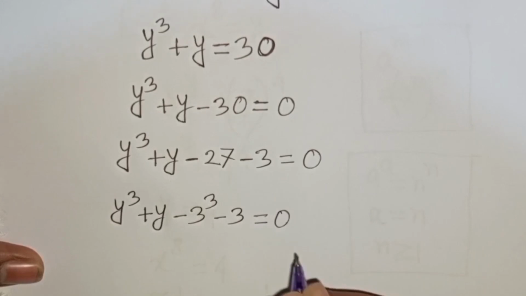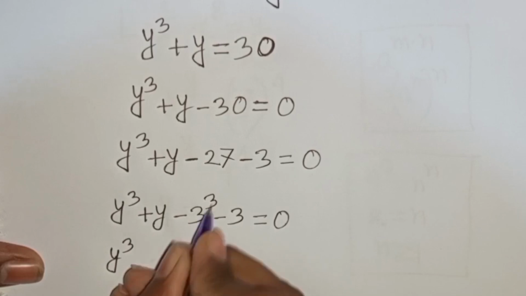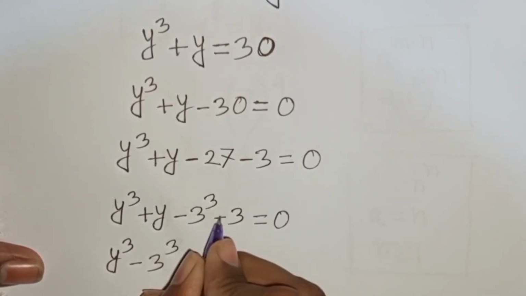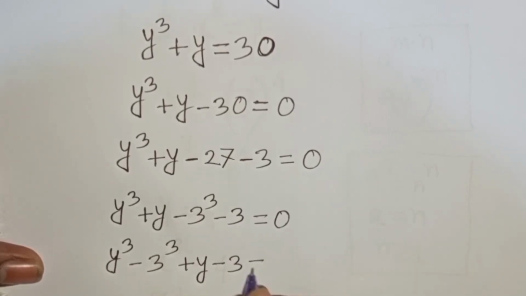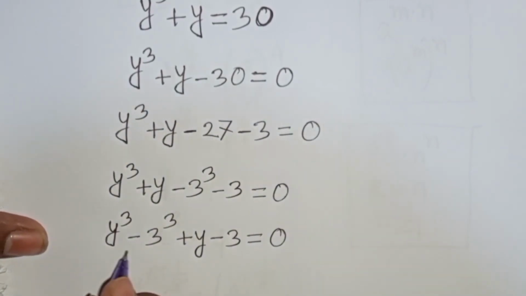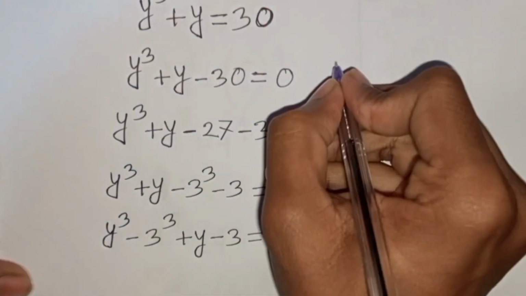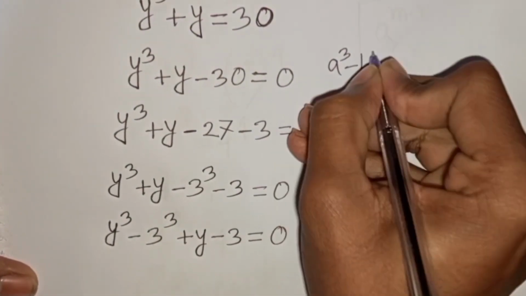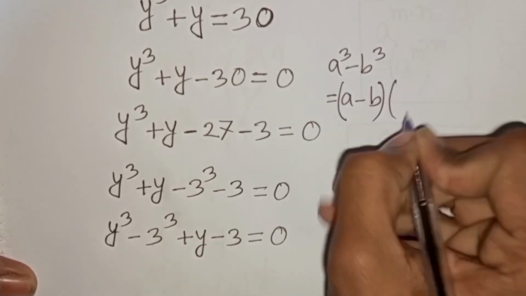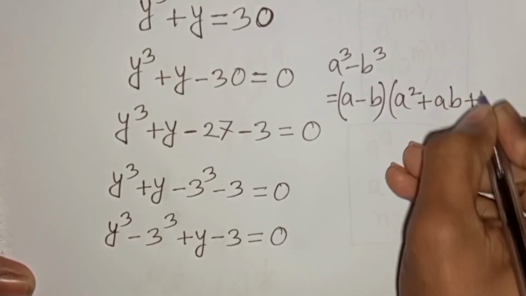is equal to 0. Now we have y cube minus 3 cube plus y minus 3 is equal to 0. Now here you can apply the formula of a cube minus b cube. Here a is y, b is 3. So according to this formula, a cube minus b cube is equal to a minus b times a square plus ab plus b square.